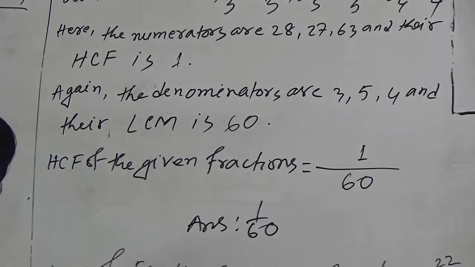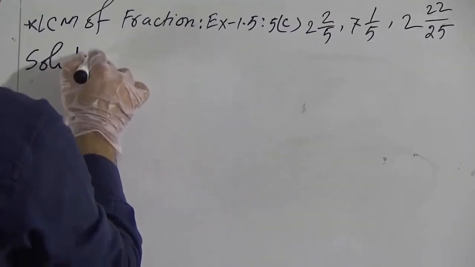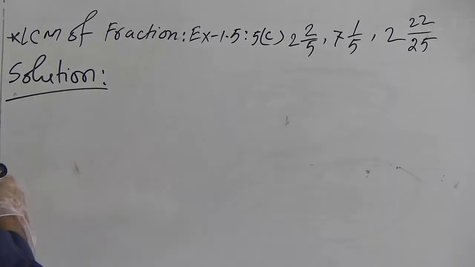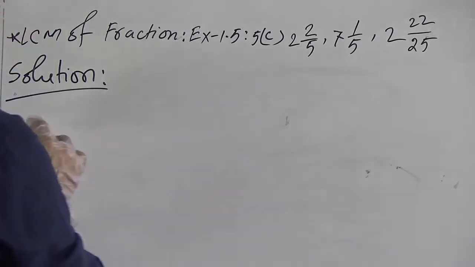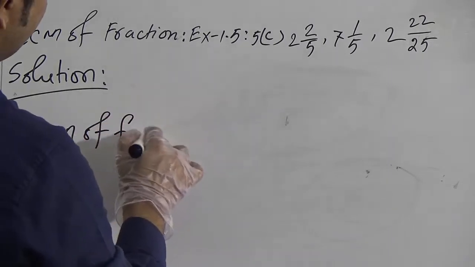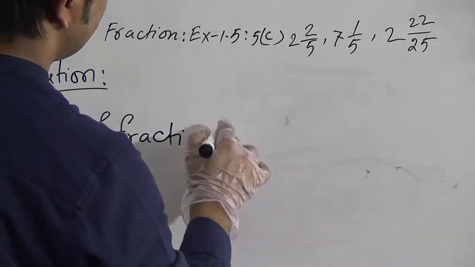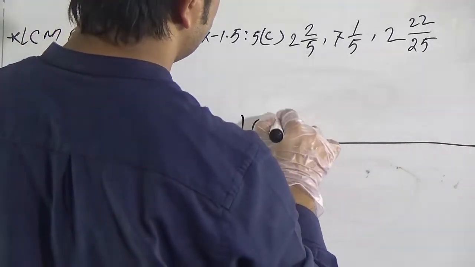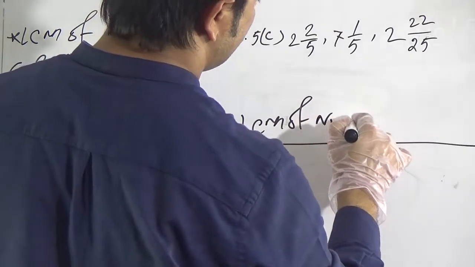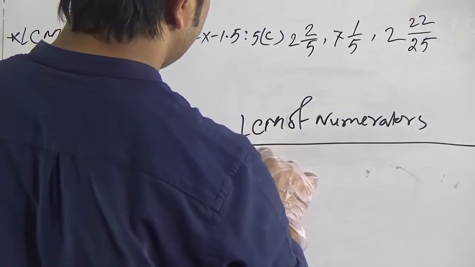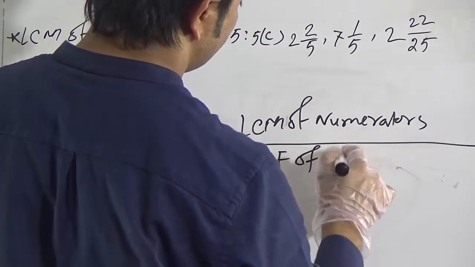Now our next question is LCM of fractions. Here some fractions are given. To do the LCM, at first we have to know the formula. LCM of fractions means LCM of numerators and HCF of denominators.